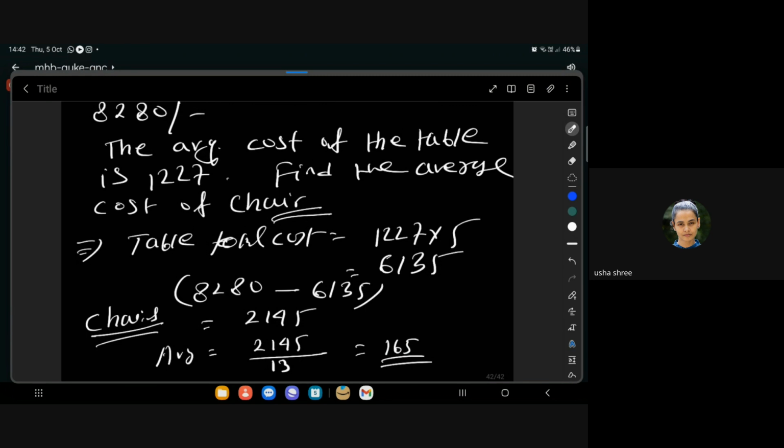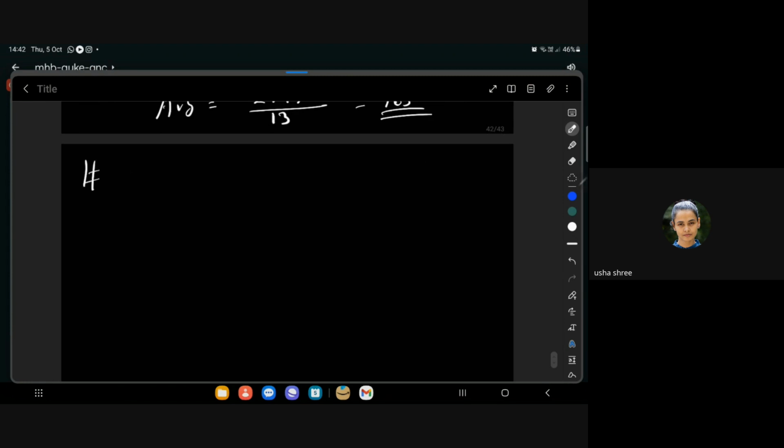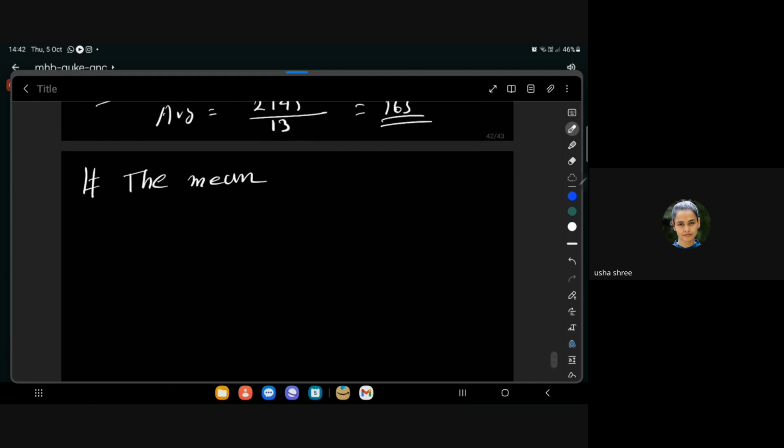Now another problem. Generally they used to ask questions from average. Now suppose the mean age of father and son is 27 years.